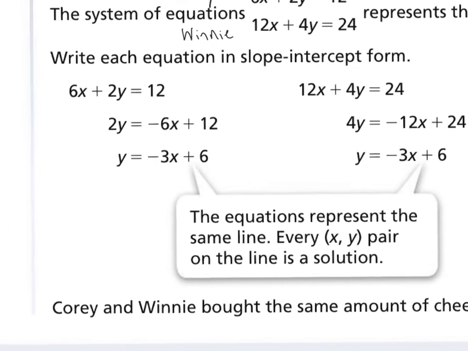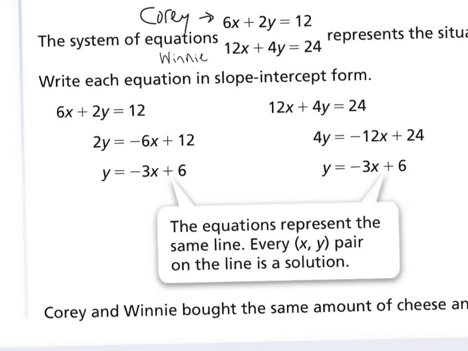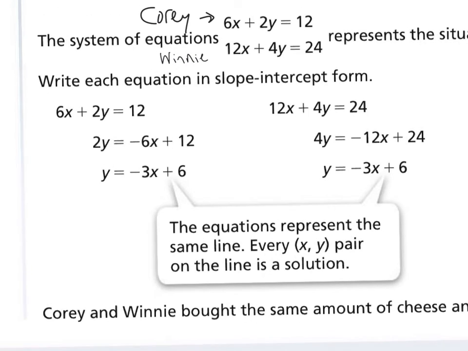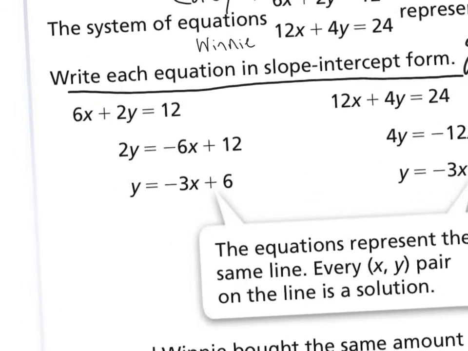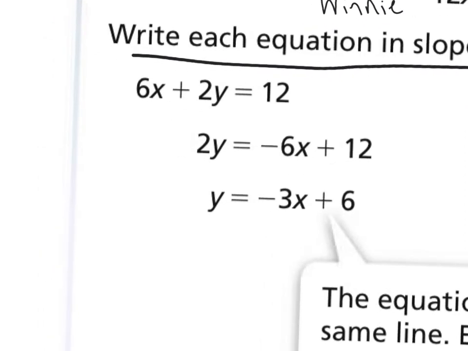All right, so these are the equations we're looking at. They're asking us to write each equation in slope-intercept form. Slope-intercept form, again, is y equals mx plus b. So we're going to solve the equations for y. So in order to solve for y, we could subtract 6x on both sides first.